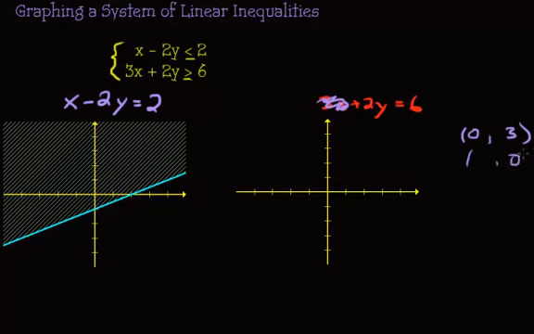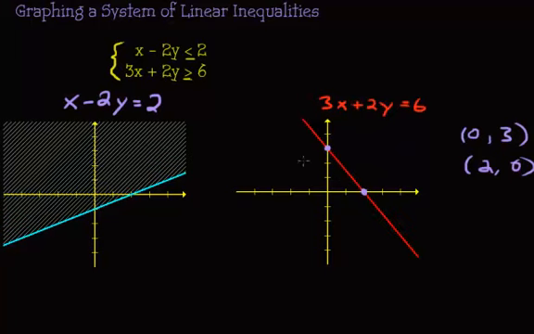And when we let y equal 0, that term goes away. We have to solve for x. 3x equals 6. You can see that x equals 2. And now we have our two intercepts. So we got (0, 3), which is up here, and then (2, 0). And then we'll connect these two dots.